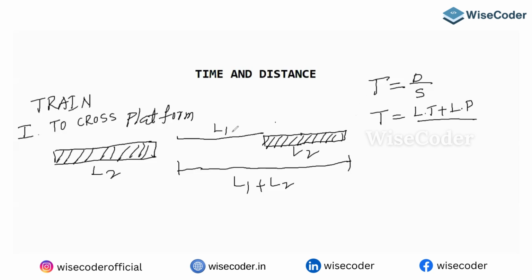Does the platform have any speed? No. So you have to take only the speed of the train. If the train is running with speed S, the time is equal to L1 plus L2 divided by S, where S is the train speed and T is time.